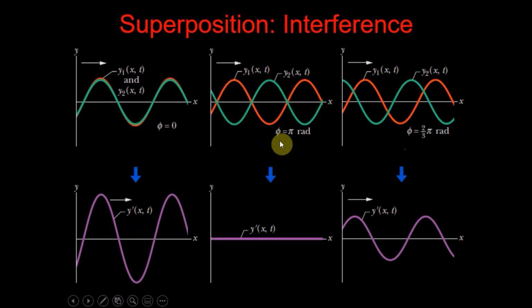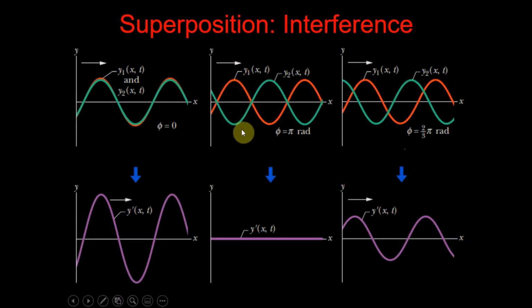If these are now pi radians, remember 2 pi is one complete cycle. Here phi could be equal to 0, or phi could equally be equal to 2 pi. They're essentially saying the same thing. That would be one complete cycle. Here at phi equals pi, they're completely out of phase.